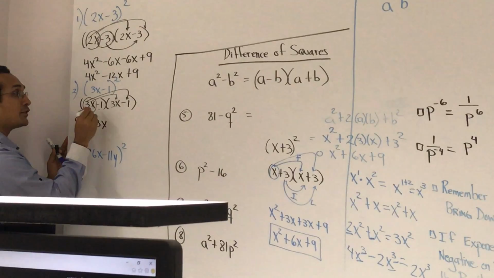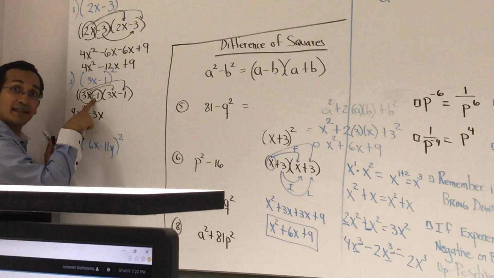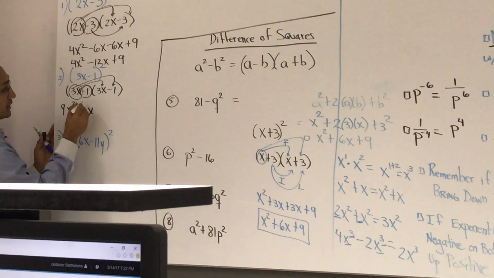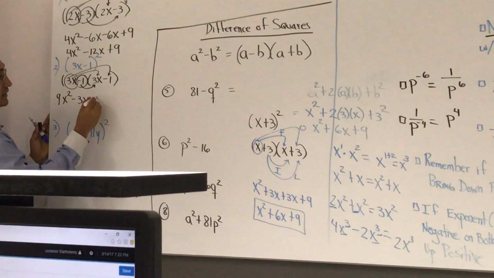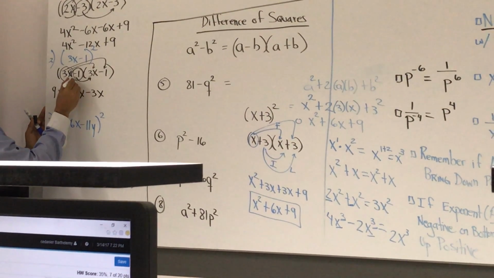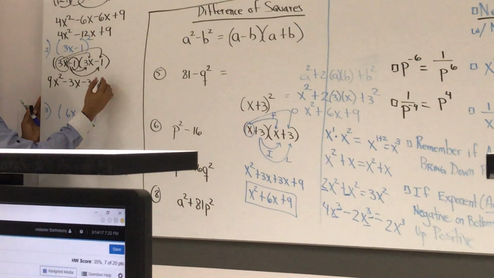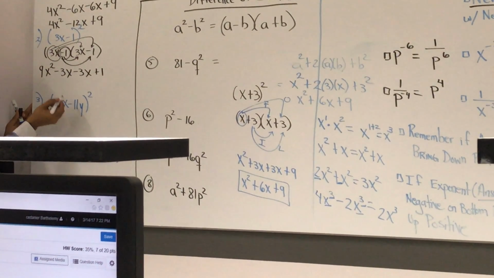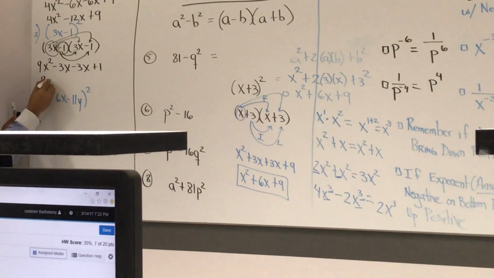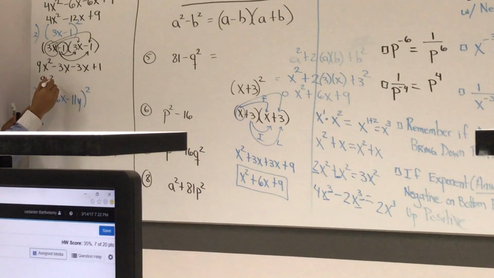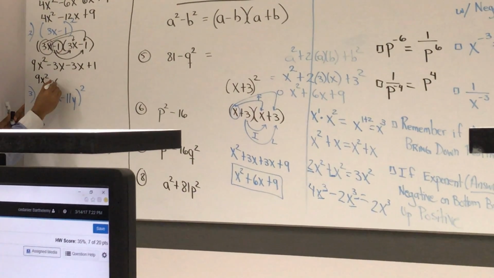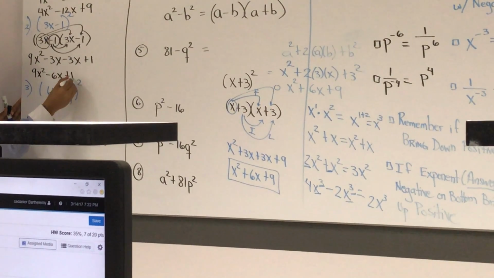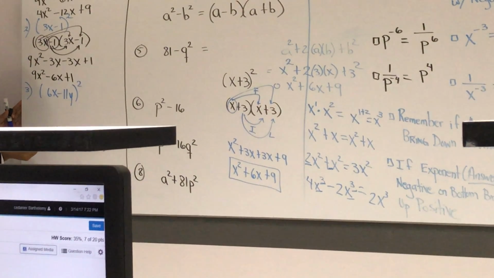Now the inner, you have to take the negative with it. This becomes minus 3x, and negative 1 times negative 1, positive 1. And what happens here? 9x squared, combine these like terms, 3 and 3 becomes 6, x plus 1, and you're done.